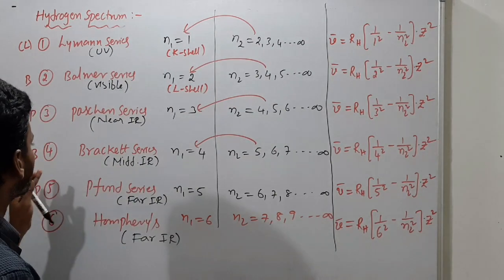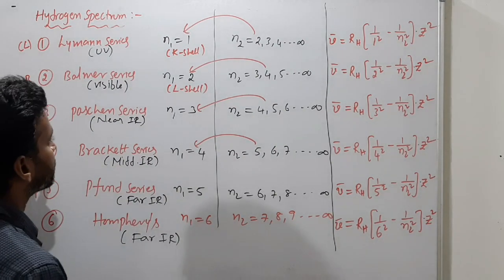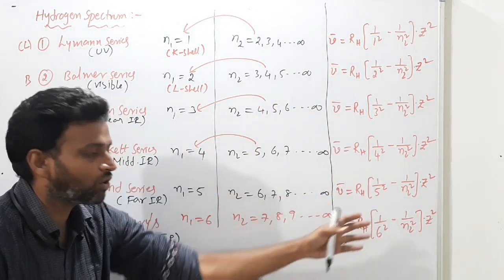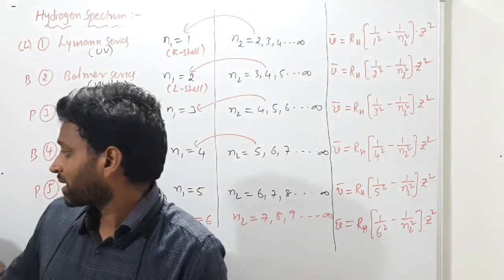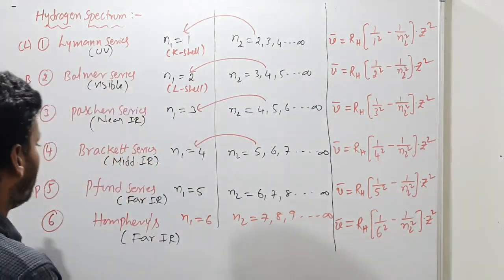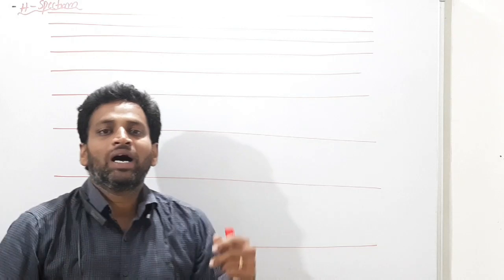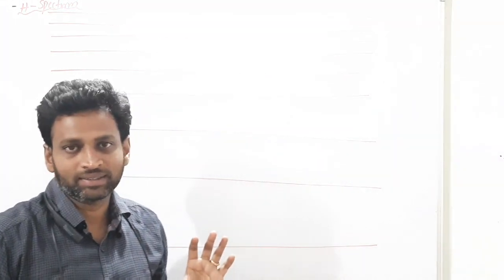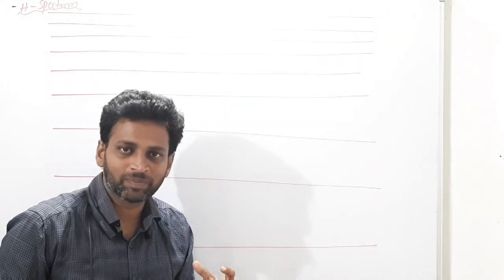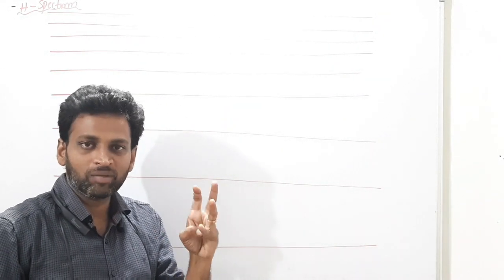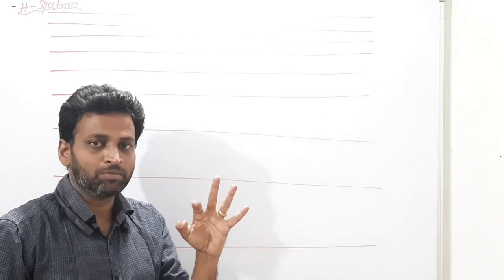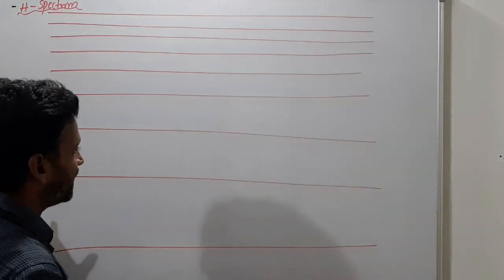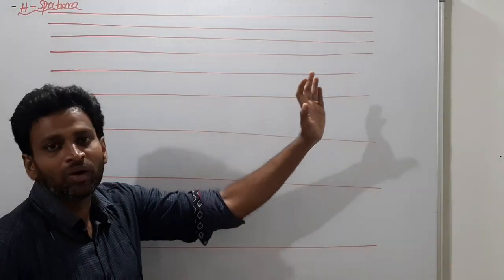So all these series of spectral lines were observed in different regions, and you have all these formulas. This is the hydrogen spectrum. Now I will give the complete hydrogen spectrum at one place. We have six series of spectral lines: Lyman, Balmer, Paschen, Brackett, Pfund, Humphreys. I will arrange all those series in the increasing order of their wavelengths.